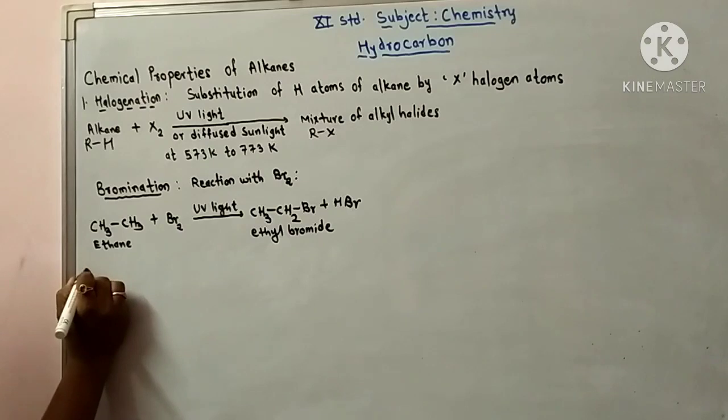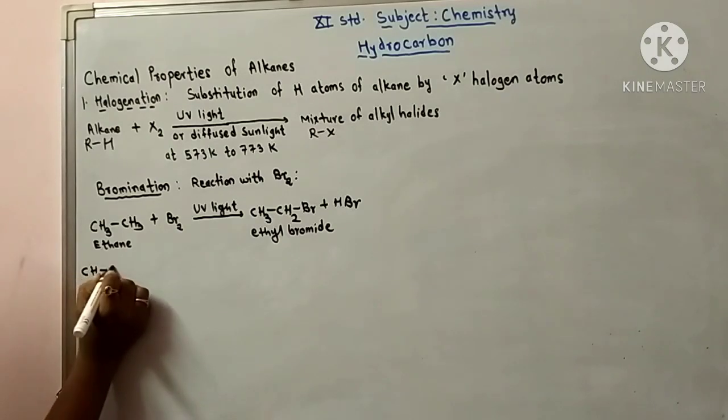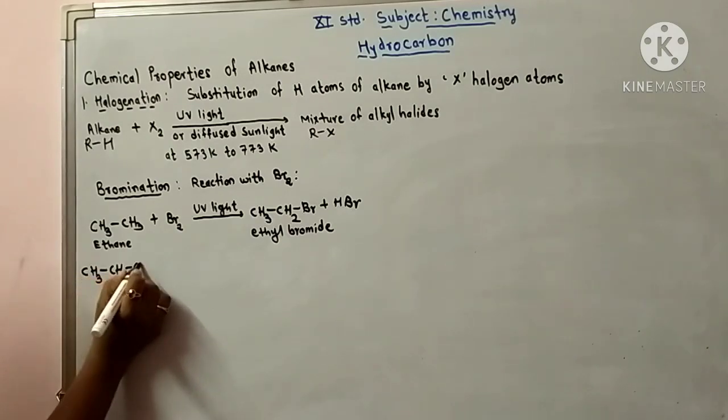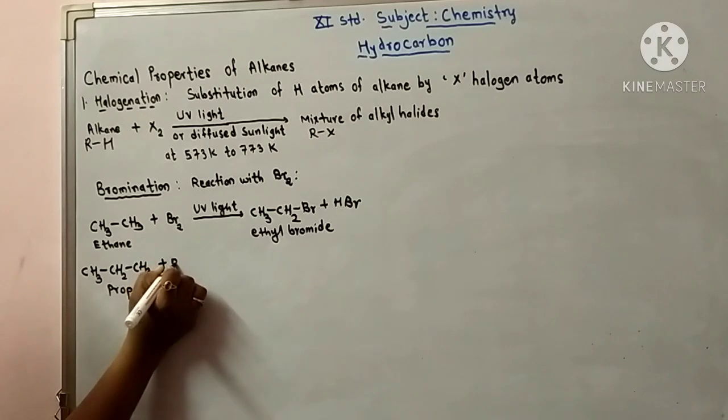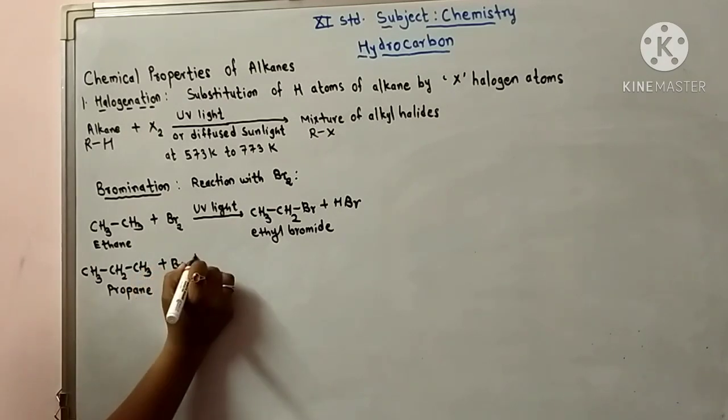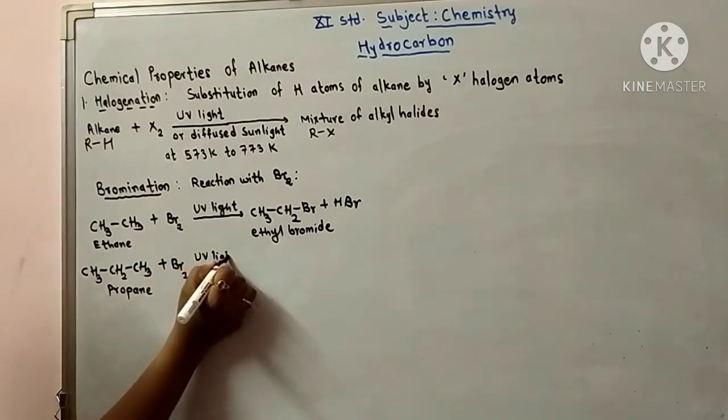Another example, CH3CH2CH3, propane. This alkane reacts with bromine, with UV light as the reaction condition.